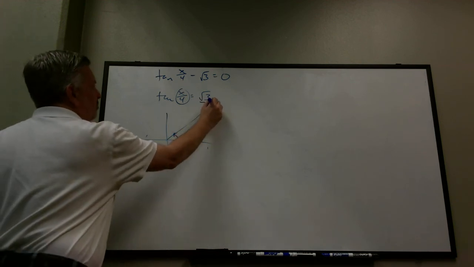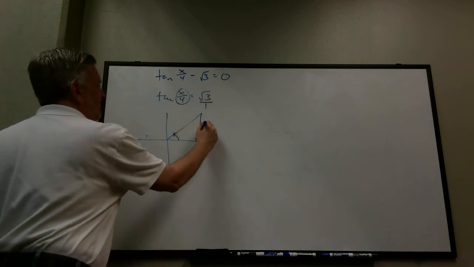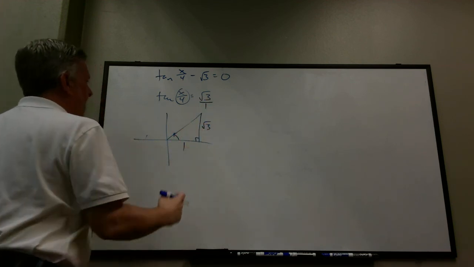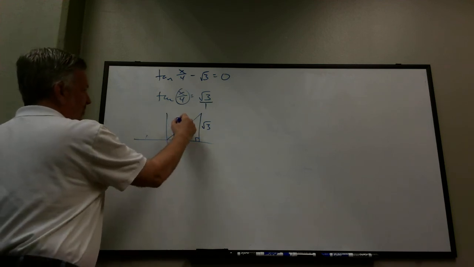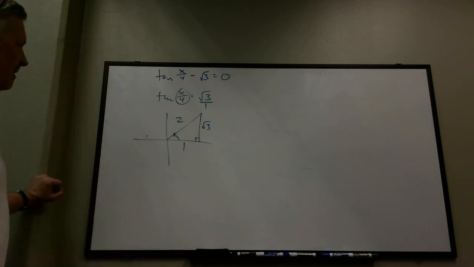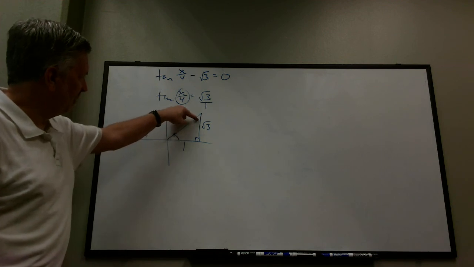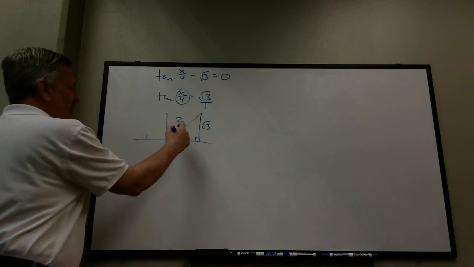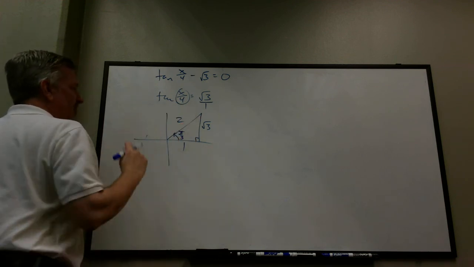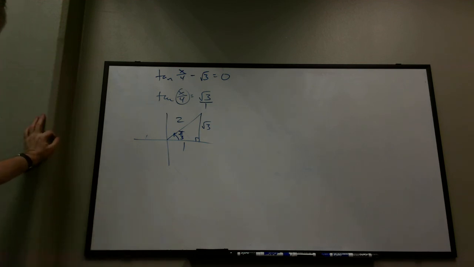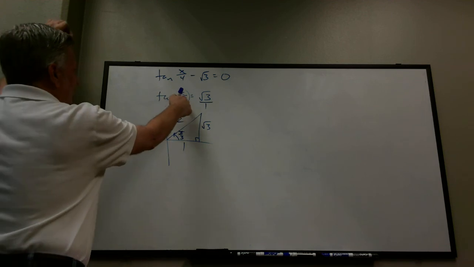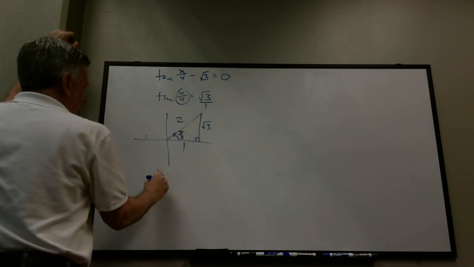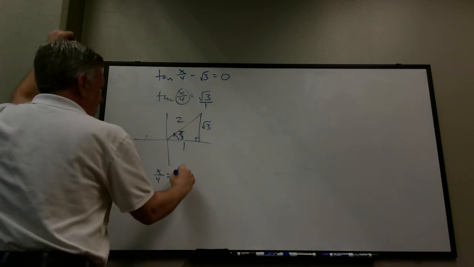Think of this as root 3 over 1, so tangent is opposite over adjacent. Again, we recognize that's our special triangle, our 1, 2, square root of 3. 1's the smallest side, so the 30 degrees is here, so that's 60 degrees, which is pi over 3.